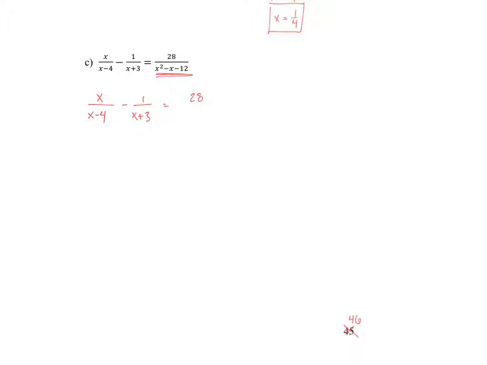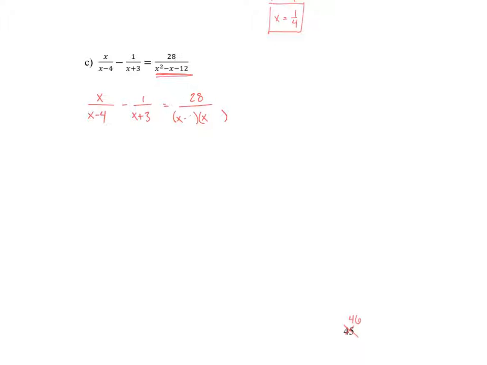I've got 28 over... I can do something about this x squared minus x minus 12. I cannot use the GCF method, so that's off the table. So now I'm going to try double bubble. And I'm looking for things that add to negative 1 and multiply to negative 12.